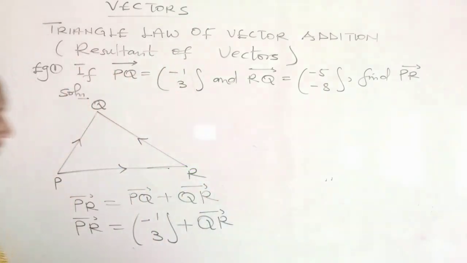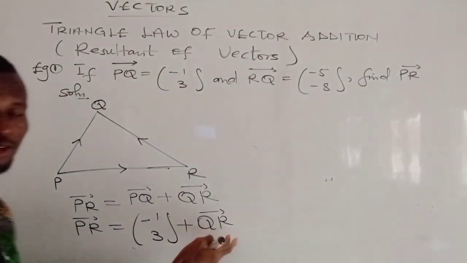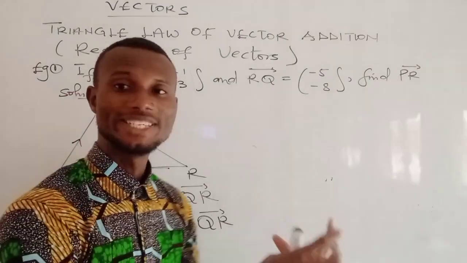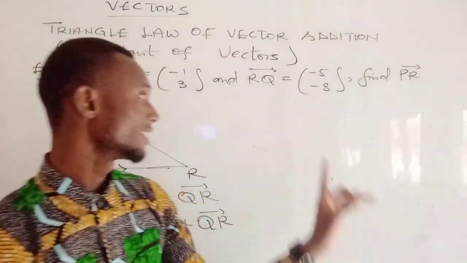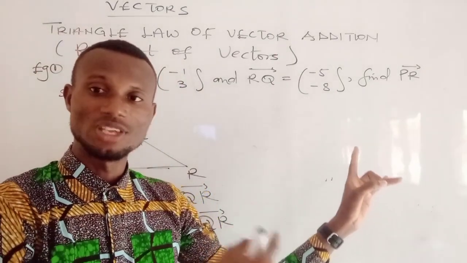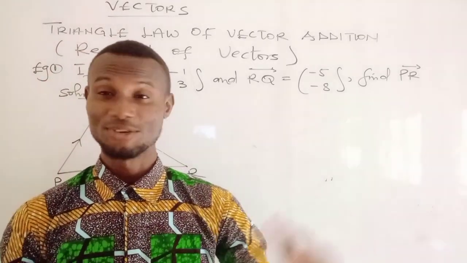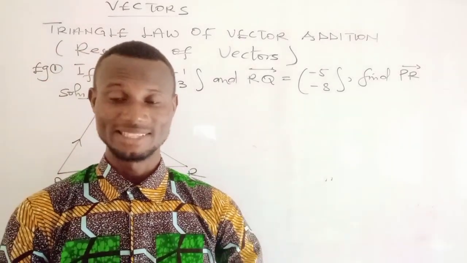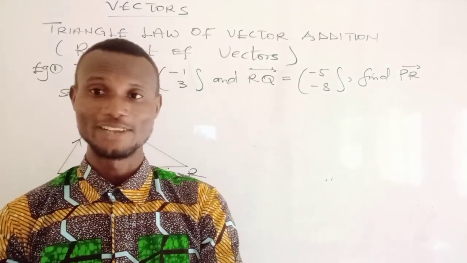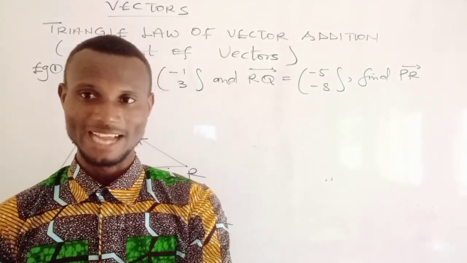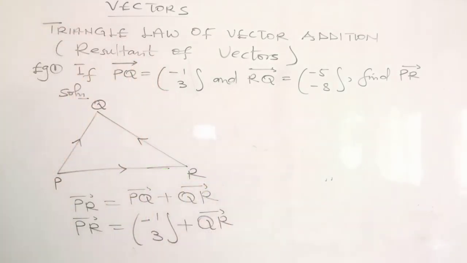To get the QR, we just need to negate the RQ and that will give us the QR. This I've explained a lot in the previous videos when we were teaching on the position vectors. I taught you the inverse of a vector.